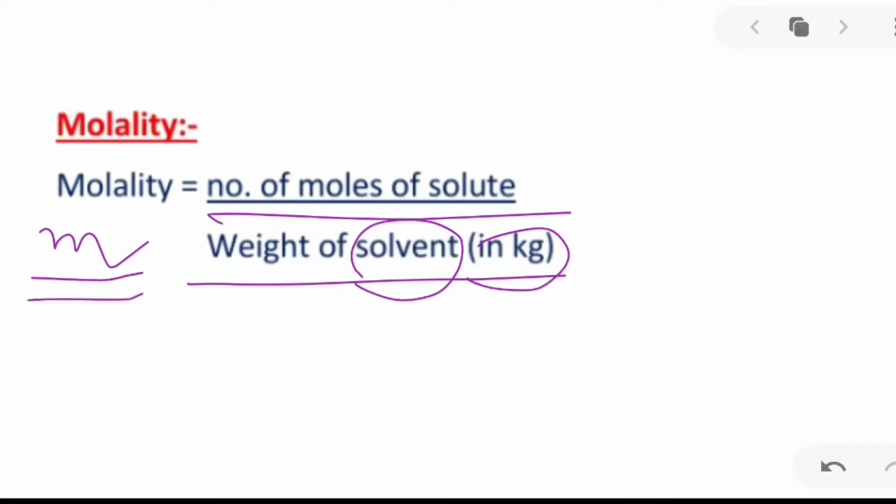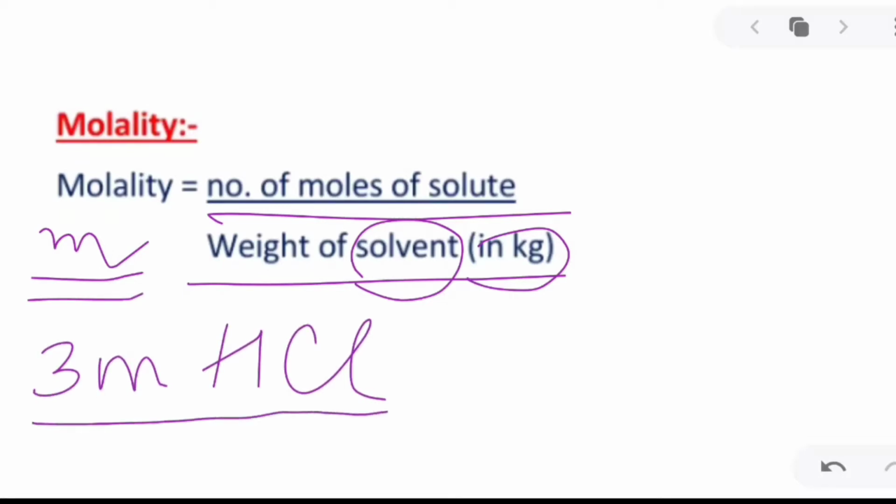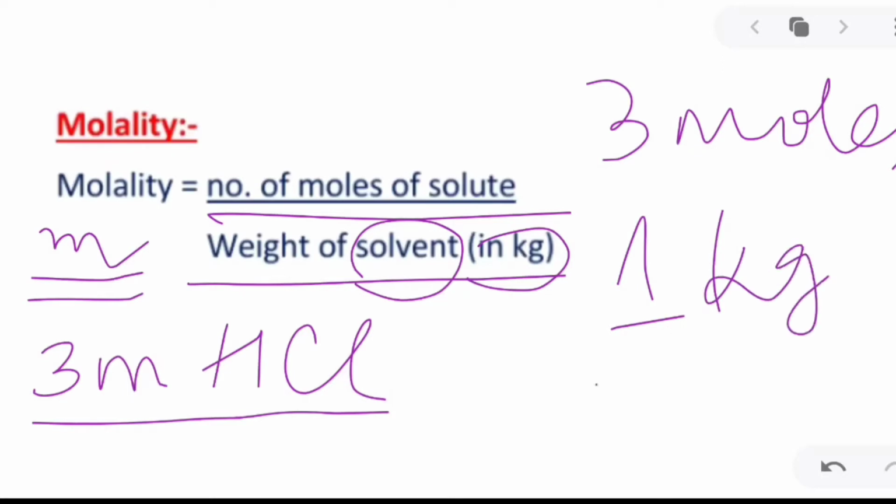Okay, so now what do you mean by 3 molal HCl solution? 3 molal HCl solution means that 3 moles of HCl are present in 1 kg of water. Okay, we cannot take 1 kg of solution because molality is the number of moles of solute present in per kg of solvent.